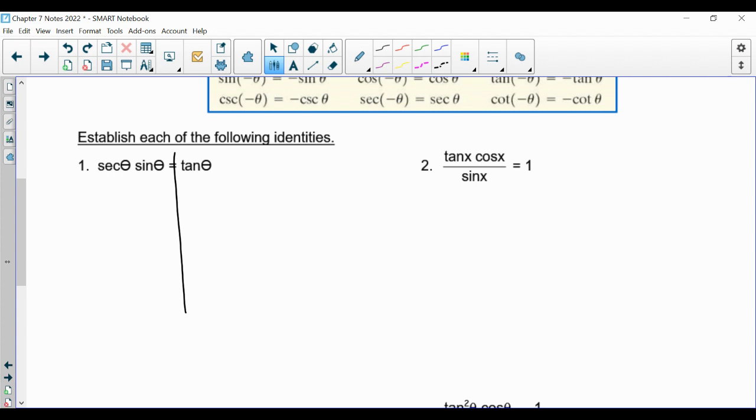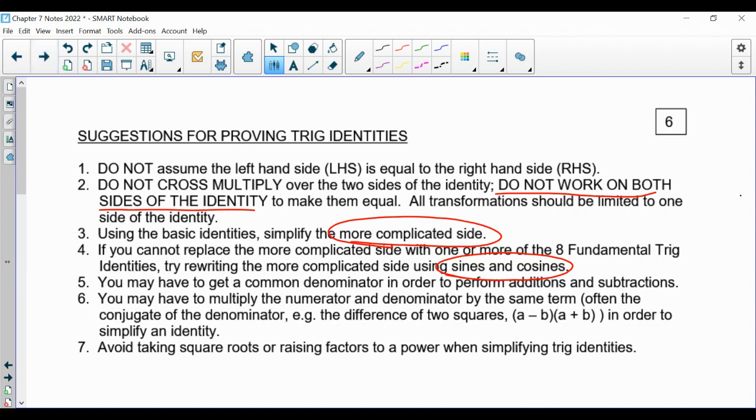So a few hints, which are actually on page 6. You don't work on both sides. And you can't assume that the two sides are equal. That's what we're trying to prove. And a really big one is start with the more complicated side. Seems counterintuitive, but if you start with the more complicated side, you actually have more stuff that you can do.